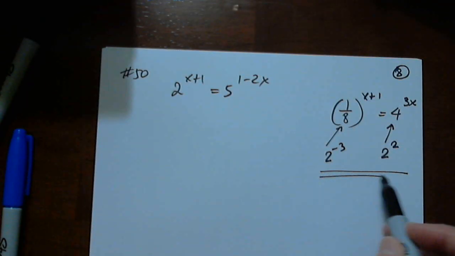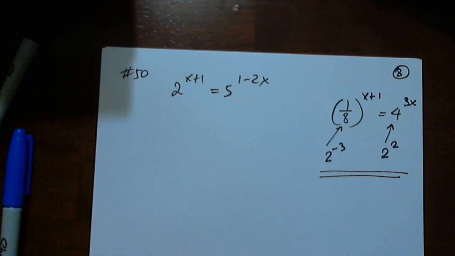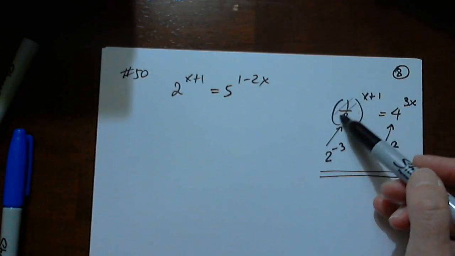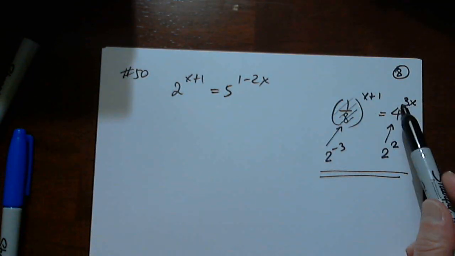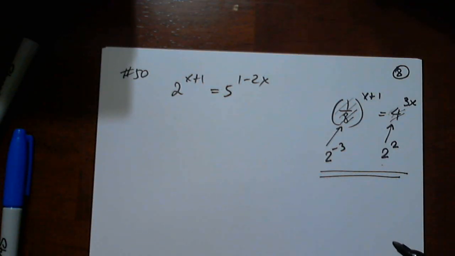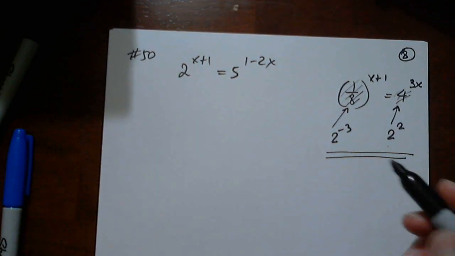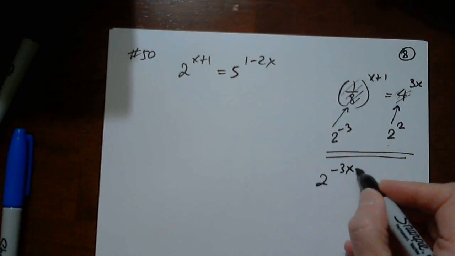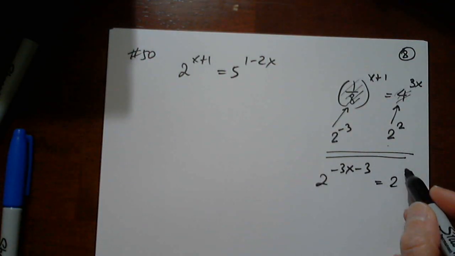No need to apply log here. Can I? Yes. But I wouldn't. It's just going to be very straightforward, right? It's 2 to negative 3x minus 3 equals 2 to 6x.